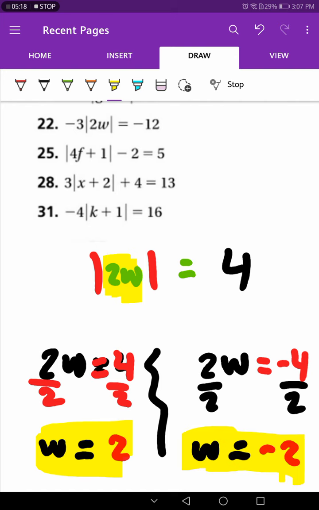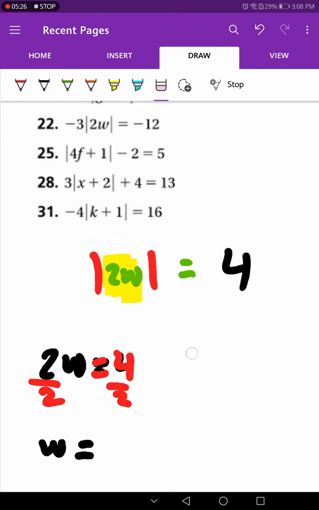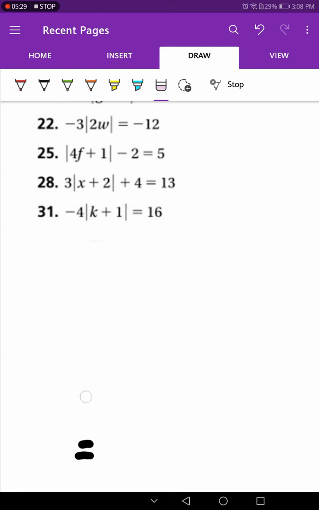So this is solving 22. But you have to pay attention. Here he tried to trick you. As you see, the left side has an absolute value, and here it has a negative. So some students said, oh, the absolute value cannot take a negative value.